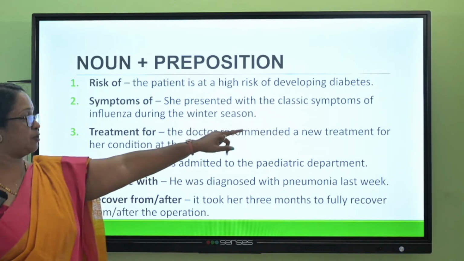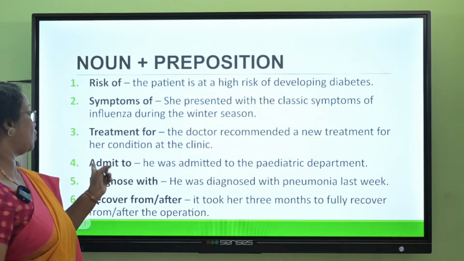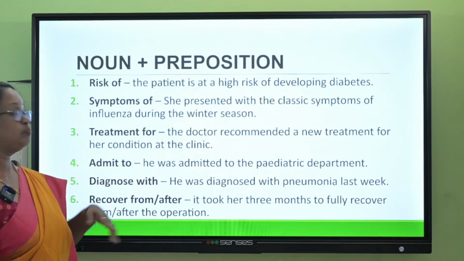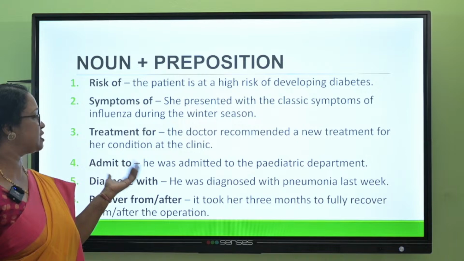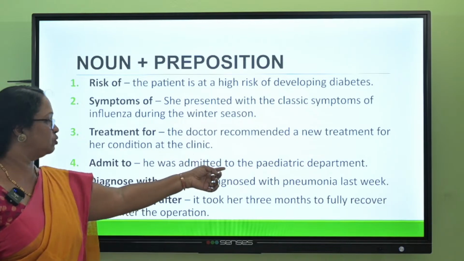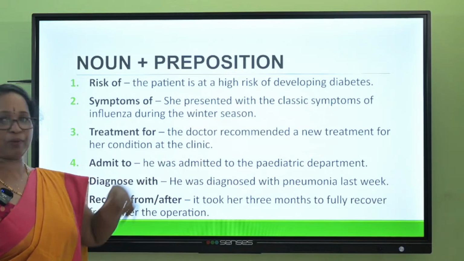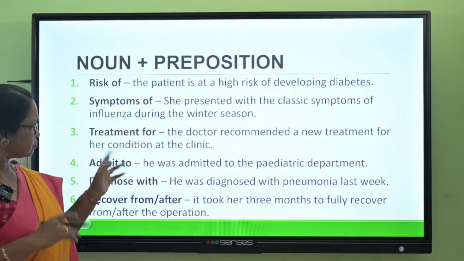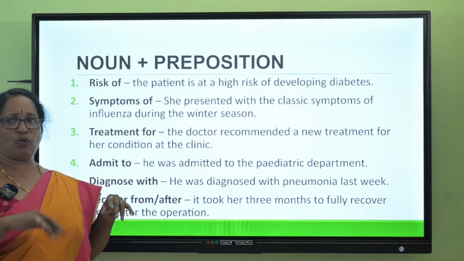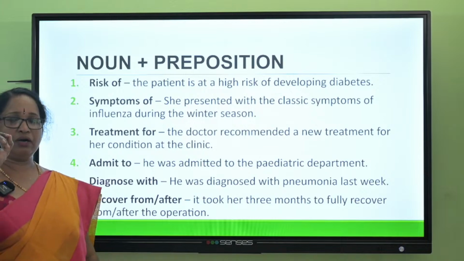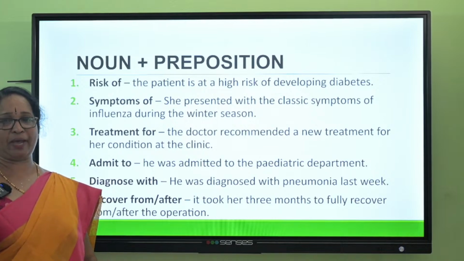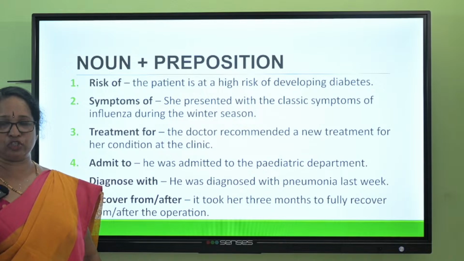That is treatment for. And coming to admit to, for example, Mr. John was admitted to the pediatric department. Some of you have a doubt: when you are writing the first point in the second paragraph, Mr. John was admitted to hospital.